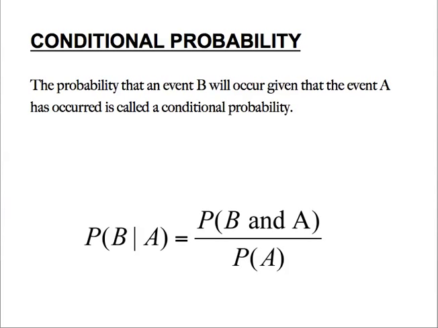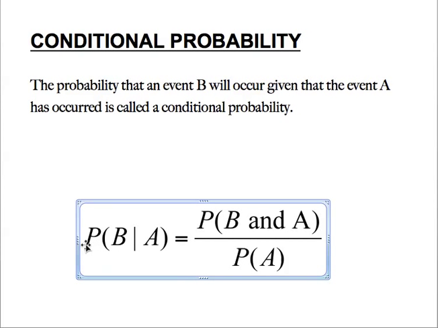Conditional probability. The probability that an event B will occur given that the event A has occurred. This is referred to as conditional probability. And notice here it's denoted the probability that event B will occur given that event A has occurred.